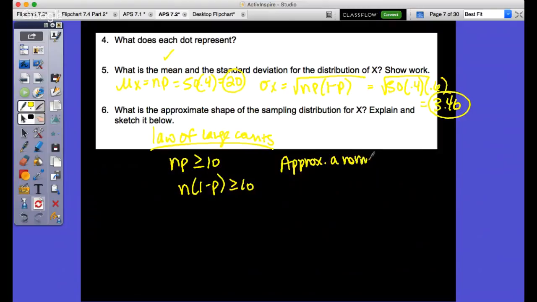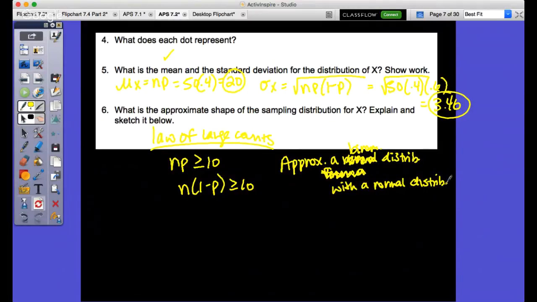a binomial distribution with a normal distribution. Sorry about that, I kind of flip-flop those.